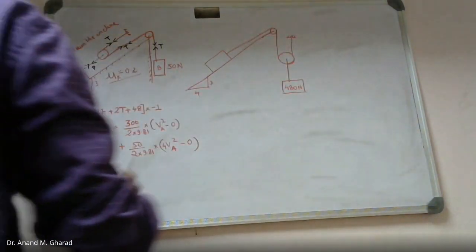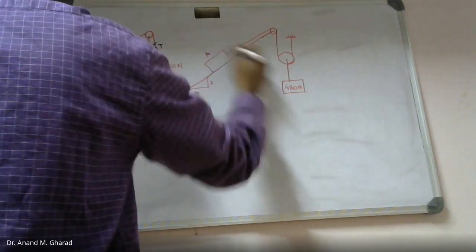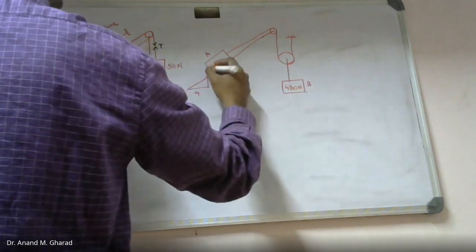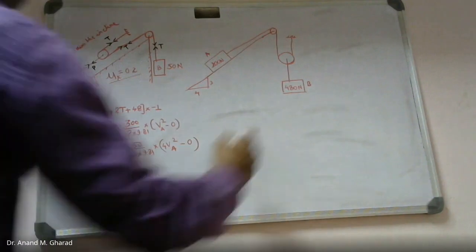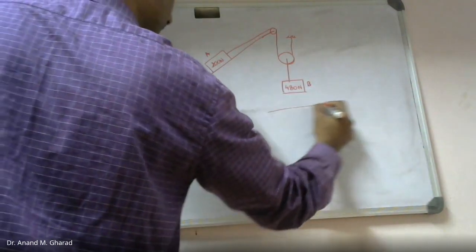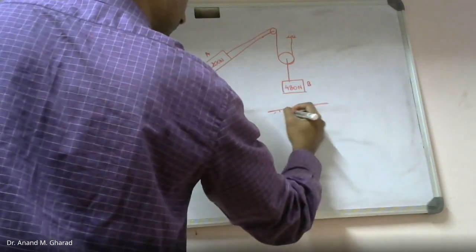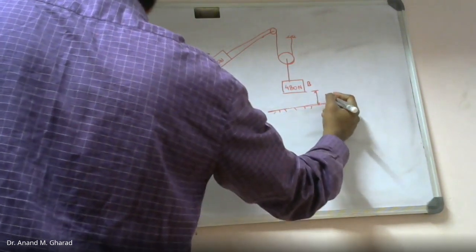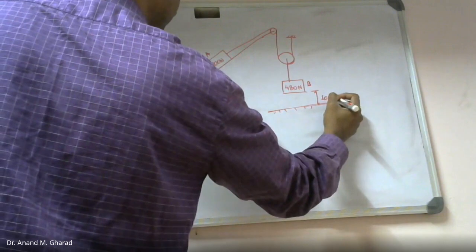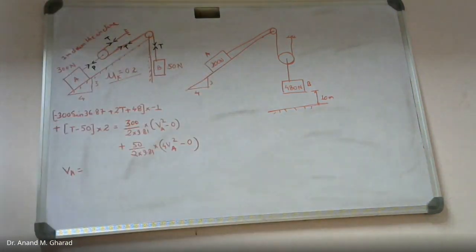Okay. This is block A, block B. This block A is of 200 Newton weight, and one more information is given. The information is same but in different manner. So you can note down.